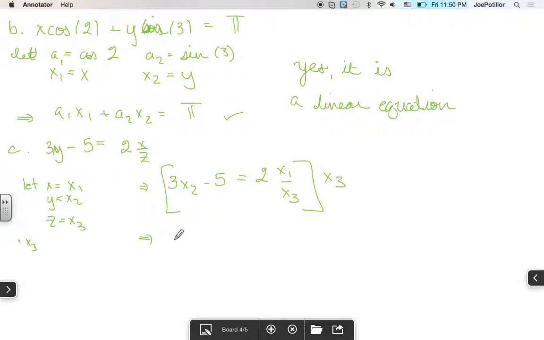We end up with 3x2 x3 minus 5x3 equals 2x1, which is of course not a linear equation. Why? Because as you can see here, these two get multiplied, and you can only have one variable in that situation. Linear equation, by its own definition, has one. So this is not a linear equation in part C here.